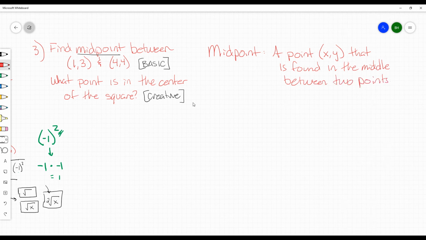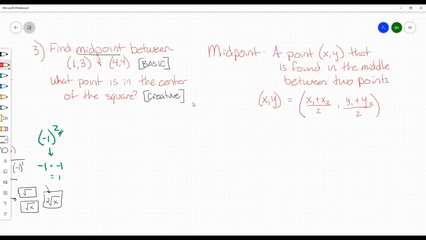Okay, and the midpoint actually has its own formula. You have a value of x and y that you're solving for. And what you're going to be doing is taking the average of the x terms and the average of the y terms.